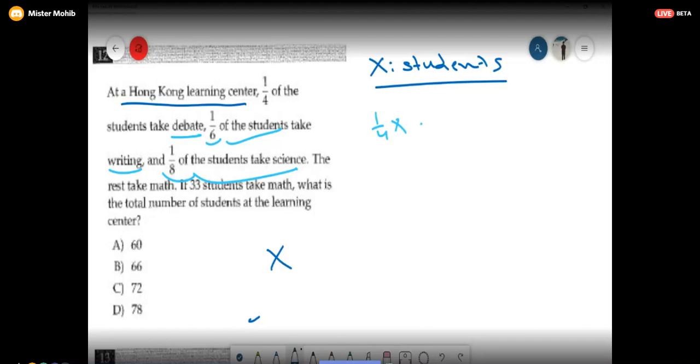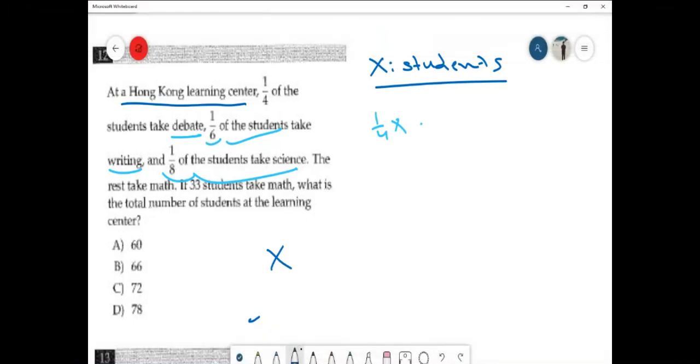In order to put the equation and find x, I need to think that I have x many students. If I subtract the number of students who are taking debate, writing, and science, the remaining students will be taking mathematics, which I know is 33.